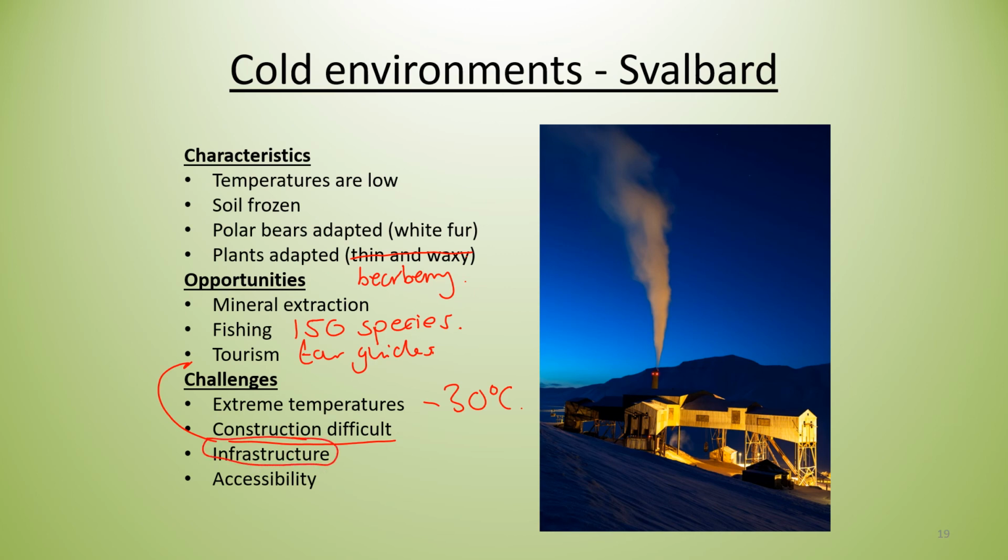Yes, people live there, but you can't have pipes underneath the ground, otherwise they would freeze, therefore limiting, again, tourism and fishing. And finally, accessibility. If the sea is frozen, we won't be able to access via boats, making fishing difficult in the winter months and also making tourism difficult, meaning that tourists can only arrive by plane.